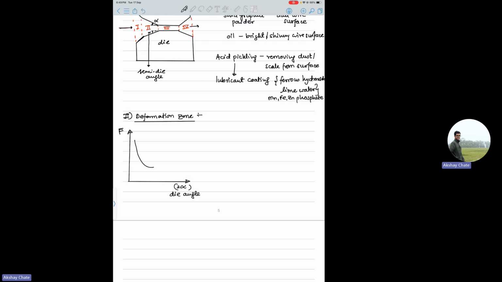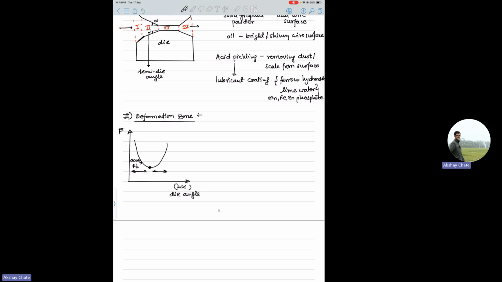There is an optimum value. It's not like as you increase alpha, you'll get a lesser force requirement. Up to this point, in this region, as alpha increases, F decreases. But what happens if you have excessive alpha?